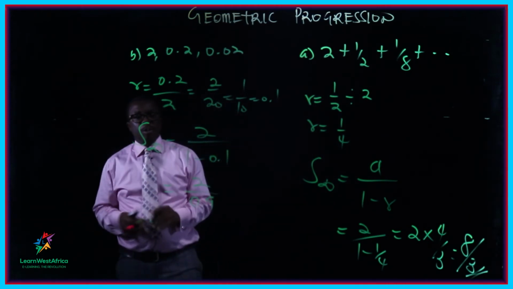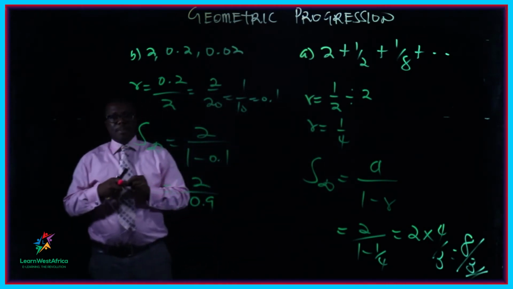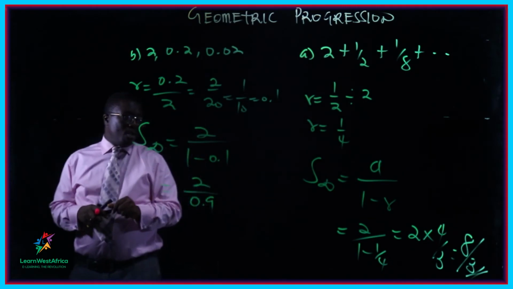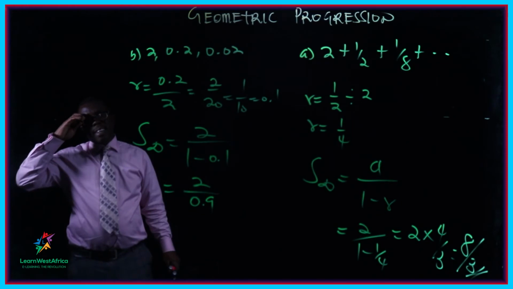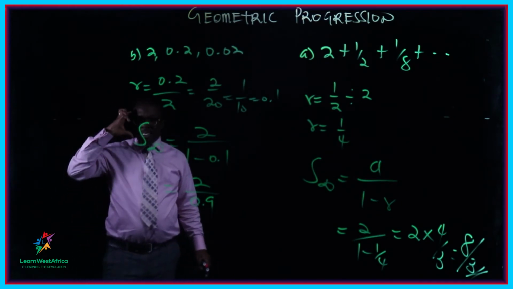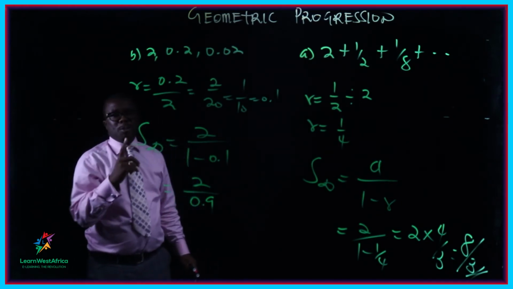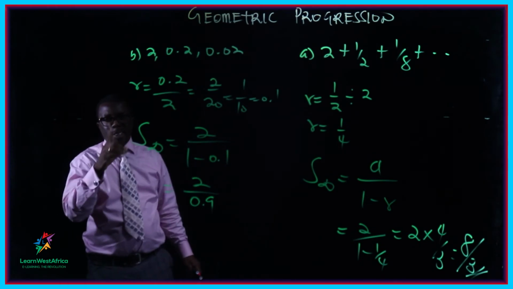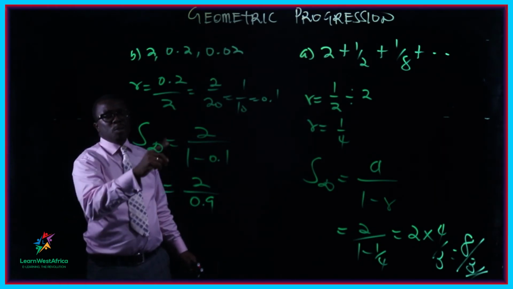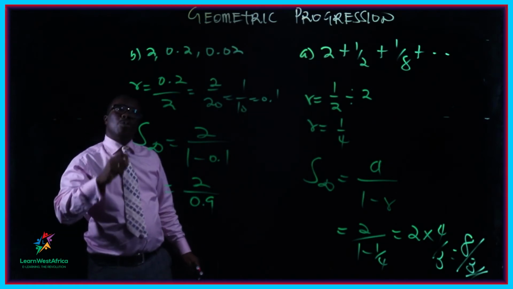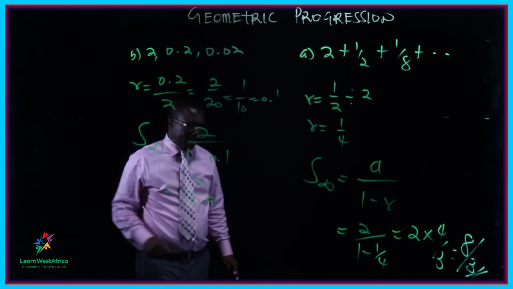You should be able to work out the sum to infinity for that. So guys, that is it for the sum to infinity: the sum of all the individual values when our sequence is convergent, that is, when our common ratio is less than 1.